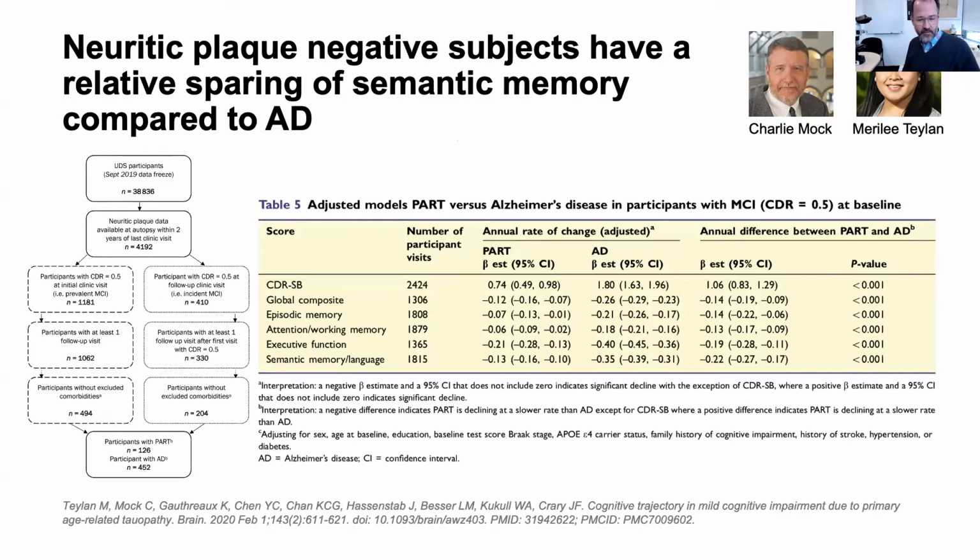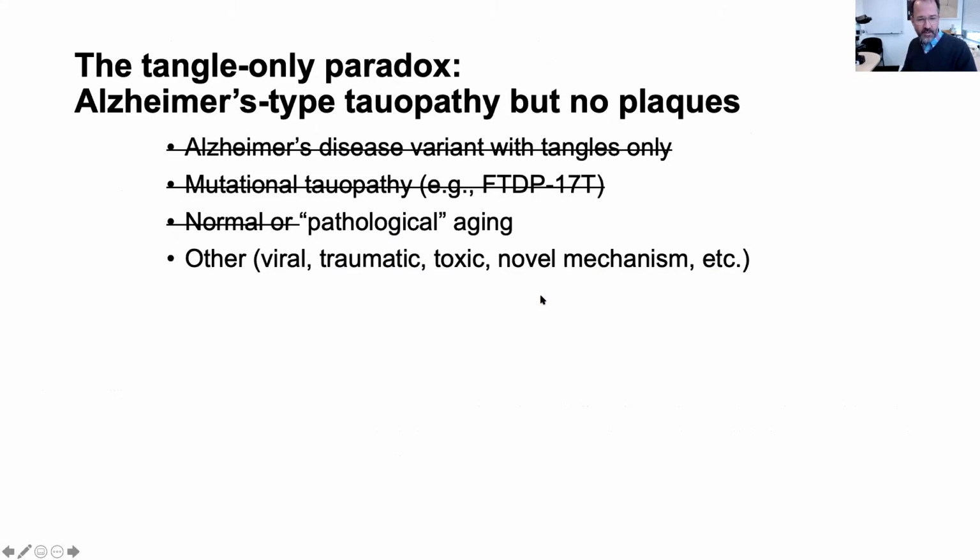Their clinical trajectories were very different from the classic plaque and tangle ADs. Across the board, really, we looked at the same domains as well as the CDR sum of boxes, and there is much more severe, malignant disease if you have plaques, which is not surprising. And that also goes along with the original reports of these tangle-only cases.